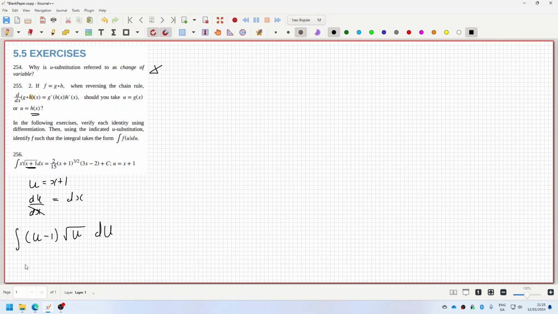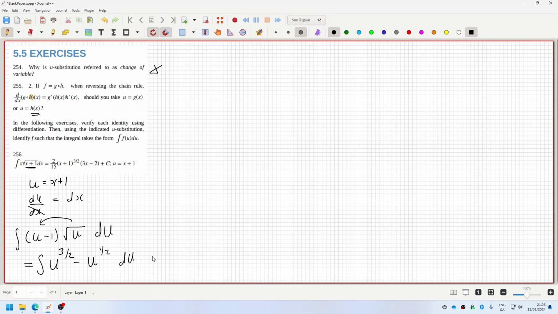So we could simplify this even more because you could multiply in this. So u times u power a half is u to the 3 over 2 minus u to the half, du. And there you go. You'd integrate it and you could sub the u back in.